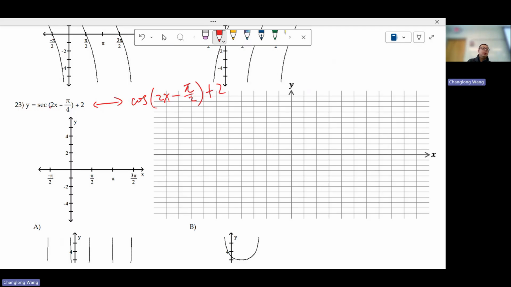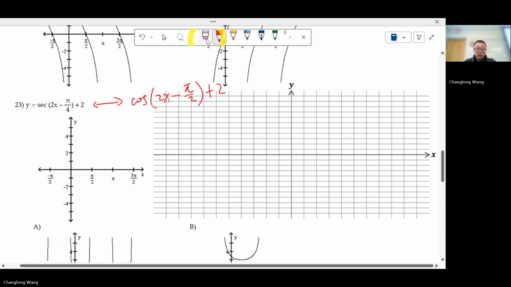So pretend that you didn't see the secant graph. Go ahead and find the graph of the cosine, then do something to get the shape of the secant. Now, oh, that's a 4. So pi over 4.